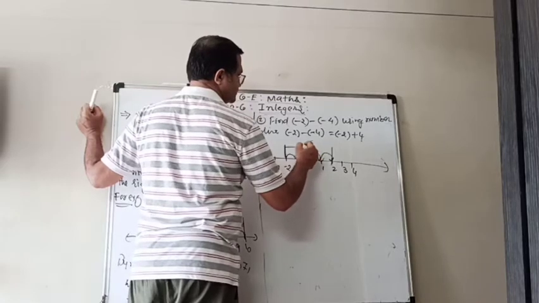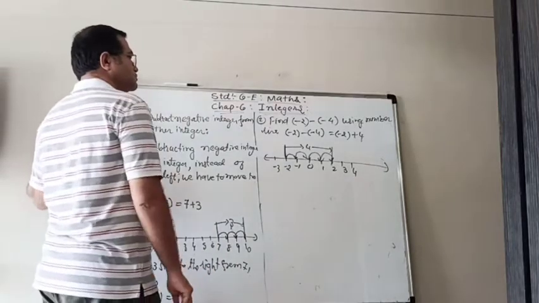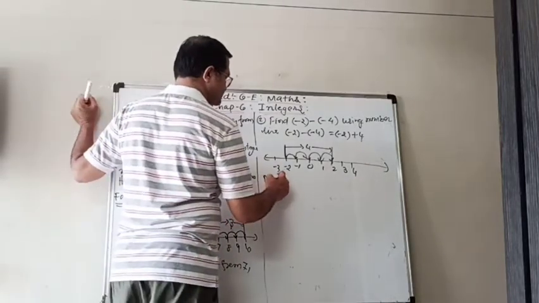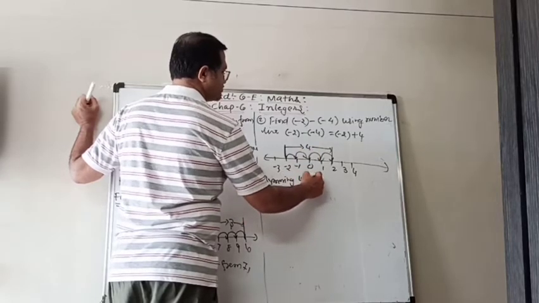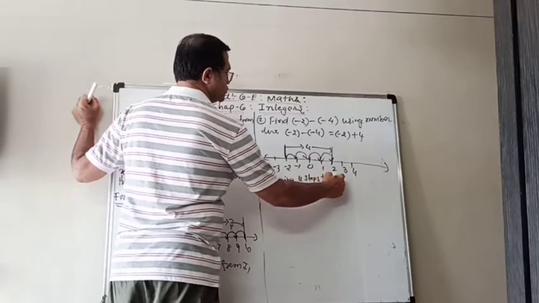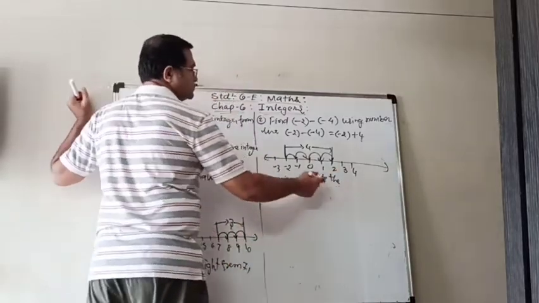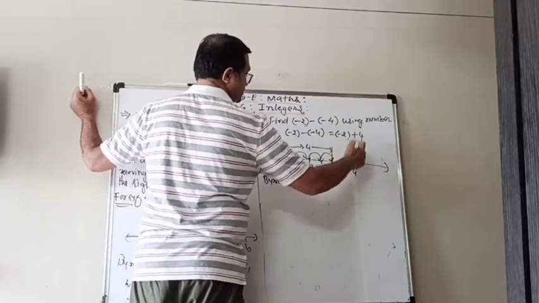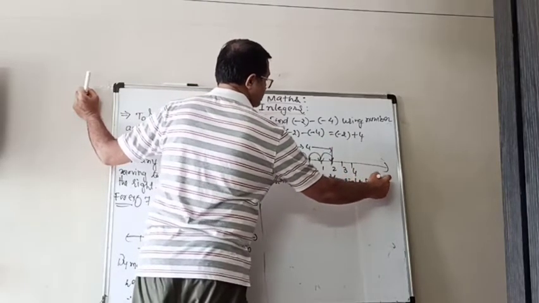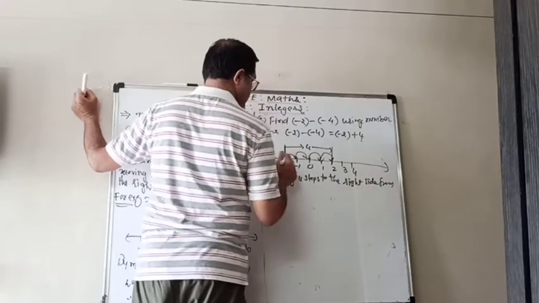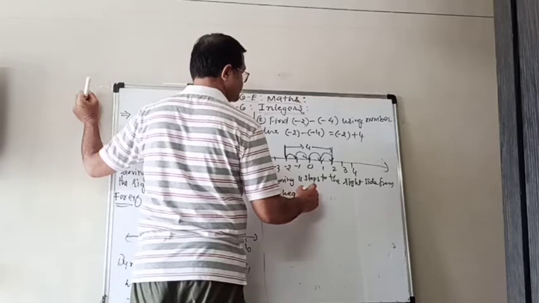What did we get? 2 here. So by moving 4 steps, in which direction? Left or right? Right. To the right side from minus 2, we get 2.